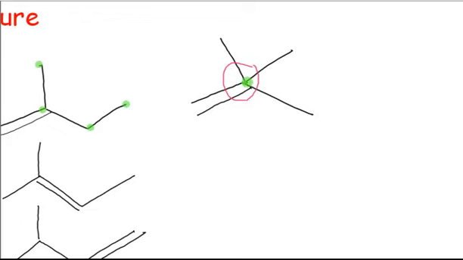It turns out that I cannot draw any structures having the formula C5H10 with this particular arrangement of carbon atoms. So I'm going to go ahead and erase this.